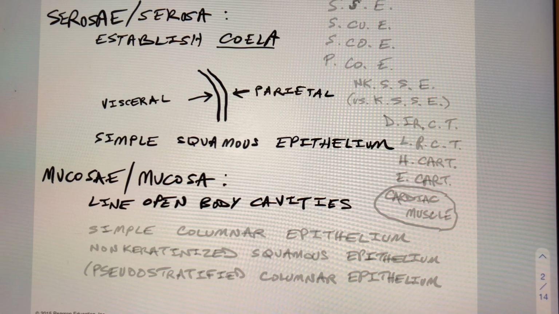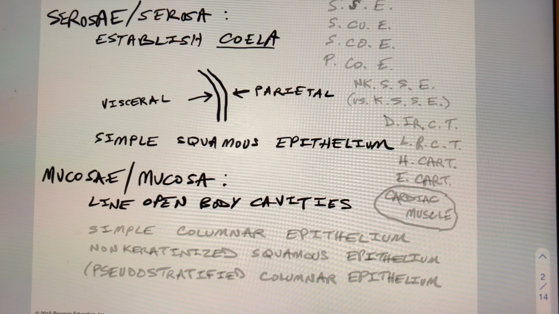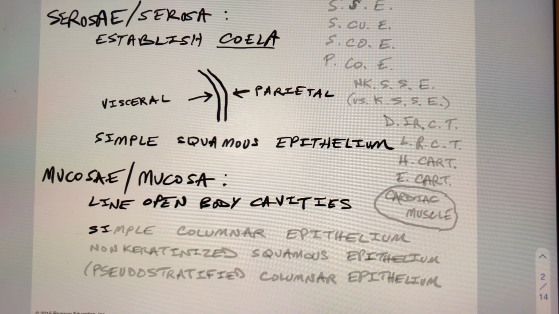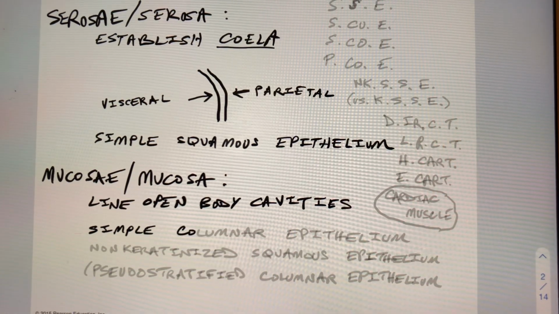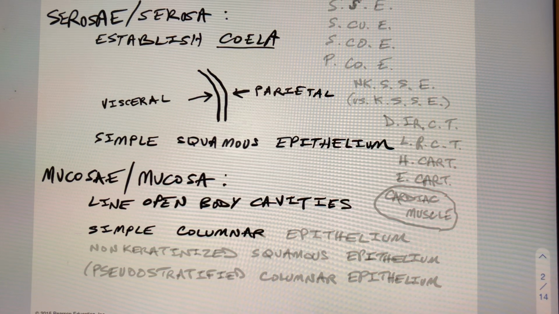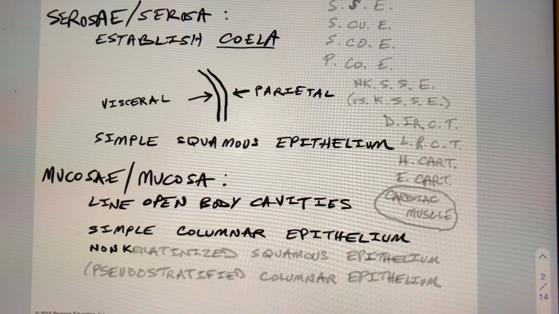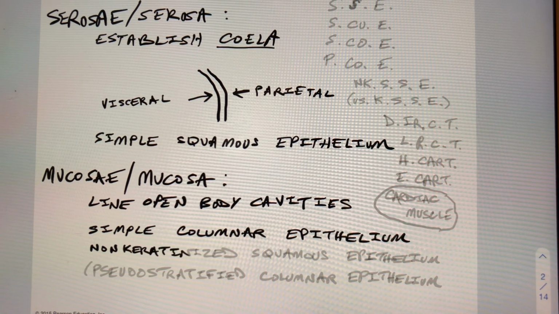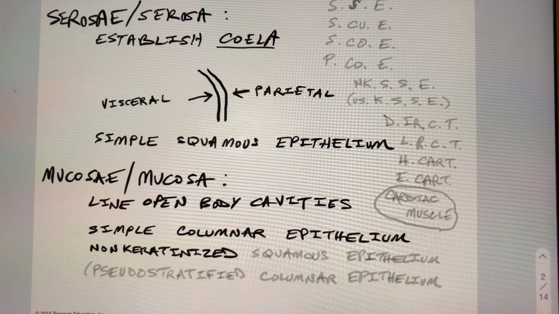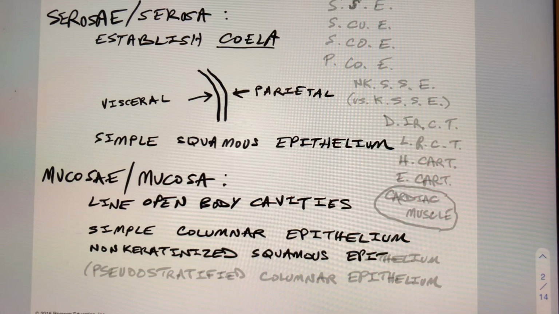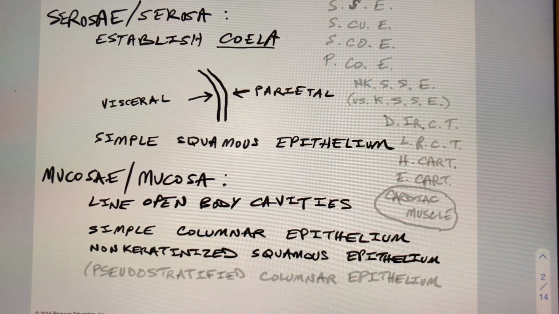So the most continuous, and therefore the most area that's making up mucosae in our bodies, will be made out of simple columnar epithelium, or non-keratinized squamous epithelium. Okay?